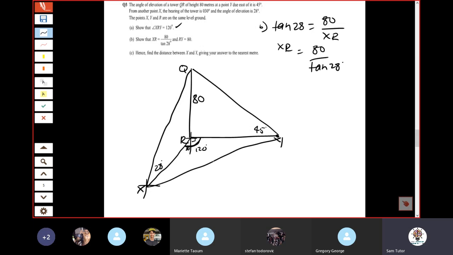And RY is 80. Again, tan 45 equals opposite over adjacent. RY is equal to 80 on tan 45, which is just 1, so just 80. Any questions there?